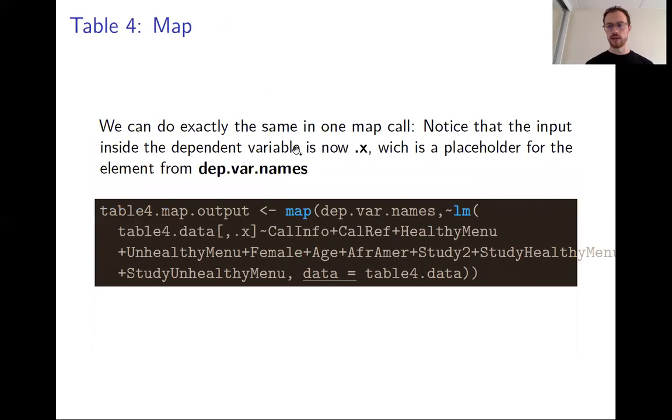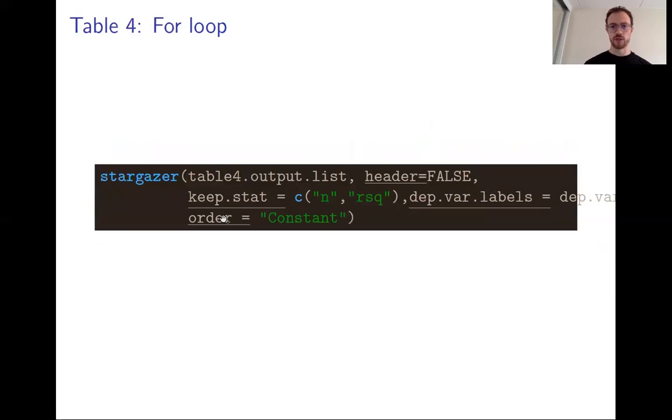Now we can do exactly the same using map. I use the function map here, and I give it as an input the list of dependent variables. And then I write an anonymous function that is simply the lm function, which is exactly the same specification from here.